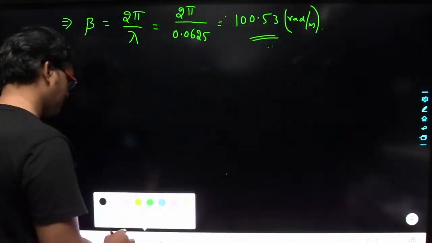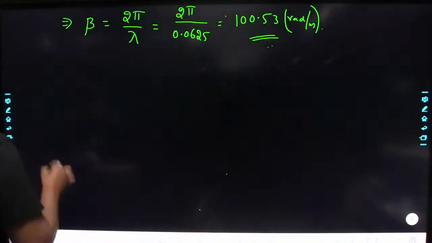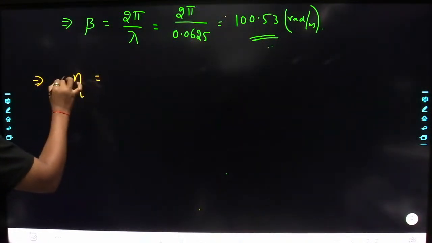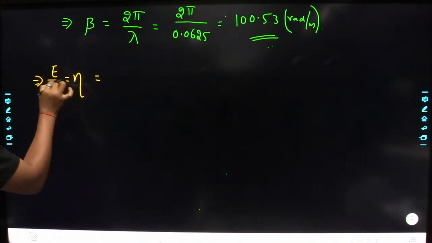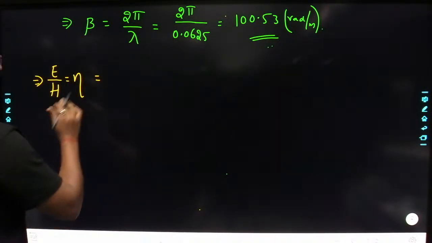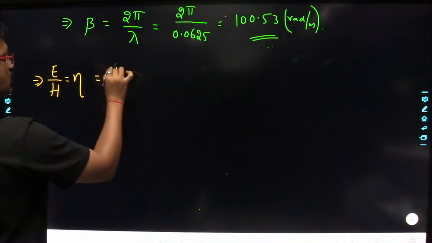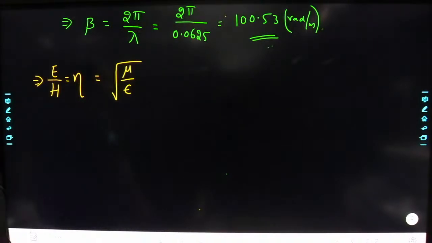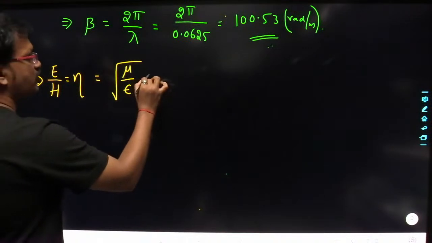Intrinsic impedance is the ratio of E to H. We are dealing with a lossless medium, so eta is equal to square root of mu by epsilon.